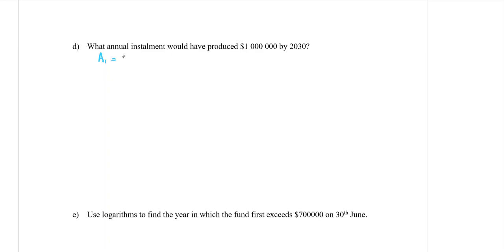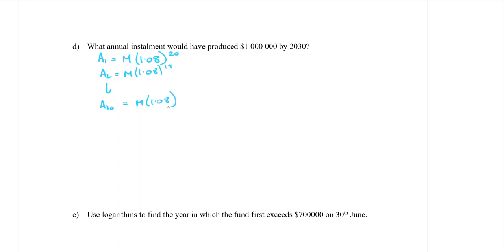I'm going to call it M, for money, the amount that I need to invest. It would get multiplied by my interest rate, which is still 1.08. In 2030, we know that is 20 years that we have to do this in. Then our A2 would be 1.08 to the 19, and we come all the way down to A20, which would be 1.08 to the power of 1.